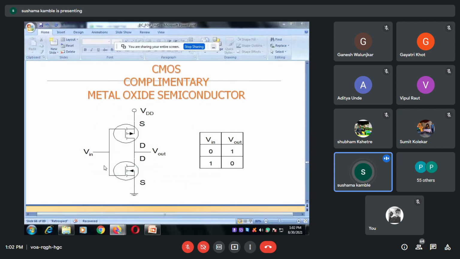A switch 1, when you are applying 1 to the NMOS and this source is at a 0 level, means gate is higher than the source. So this will be on. This will be on means what? Now the source terminal is connected to the ground. Okay. That's why you are getting output equal to 0. Is it okay?